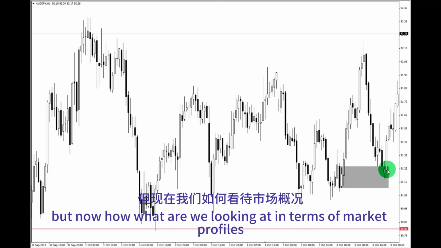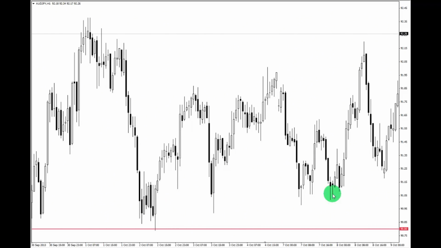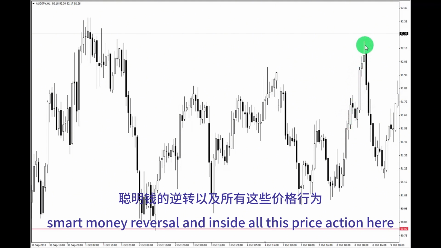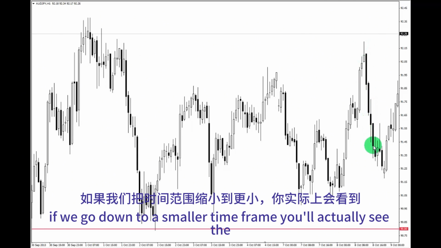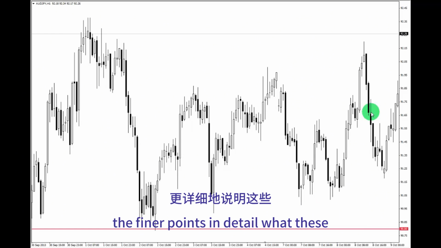But now what are we looking at in terms of market profiles as it relates to buy and sell profiles, ICT, market maker buy and sell profiles? Well, we have the initial consolidation here, the run to resistance, reaccumulation, smart money reversal, and inside all this price action here, if we go down to a smaller time frame, you'll actually see the finer points in detail.